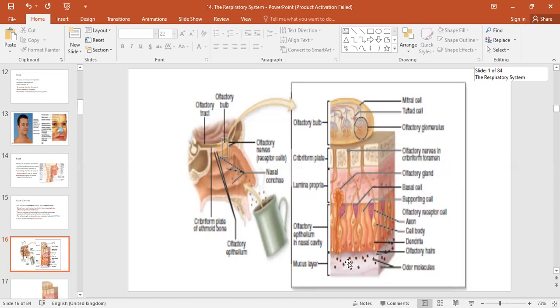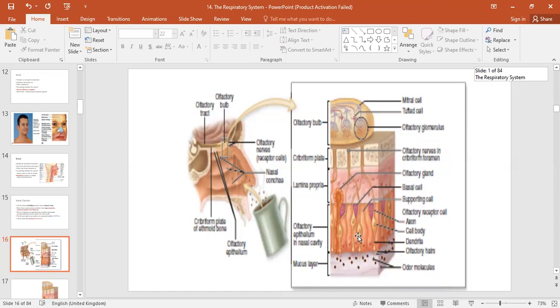These glands produce a jelly-like matter, and this matter is always on the surface of the olfactory cells and the support cells. So it creates this layer here. Now this mucus layer is being formed by the mucus produced by the Bowman's glands. It is this mucus that traps the odor or the smell in the air that we are inhaling, so that these cells can detect it and transmit to the brain.